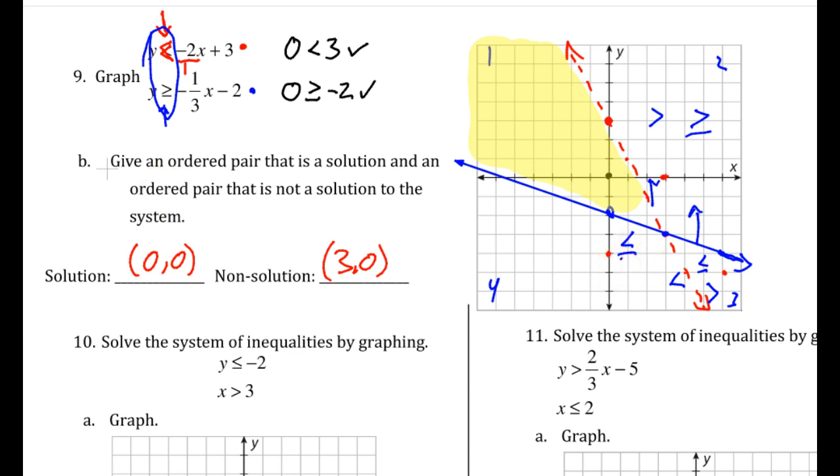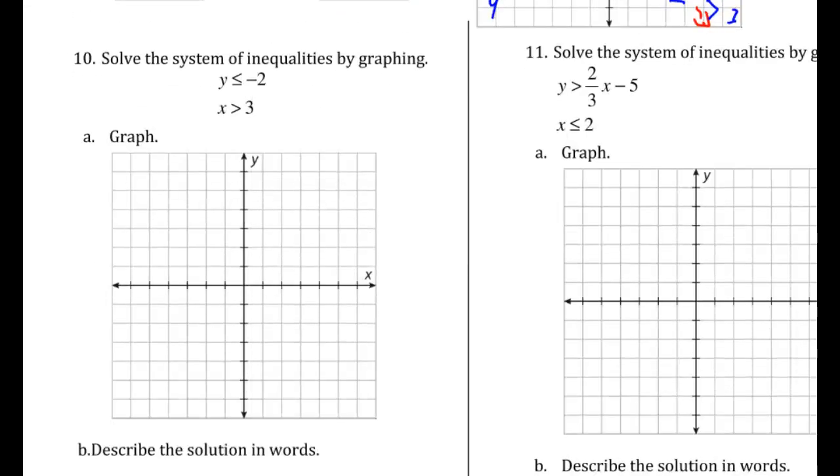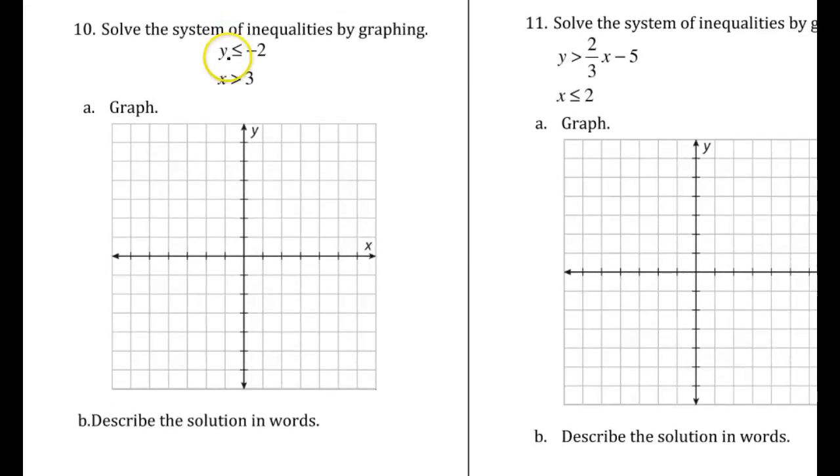Okay. 10. Graph this. Y, what kind of line is this? Y is less than -2. Solid, but it's horizontal. Slope is 0, right? X is greater than 3. Dotted. Vertical line.